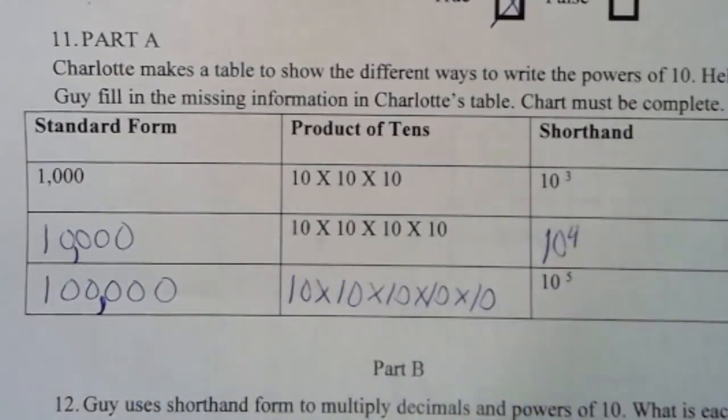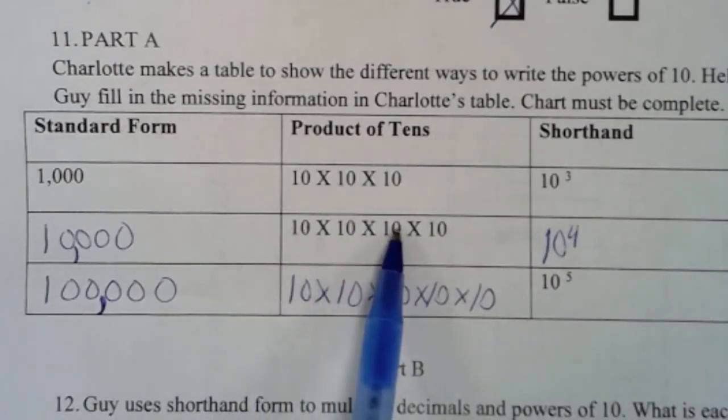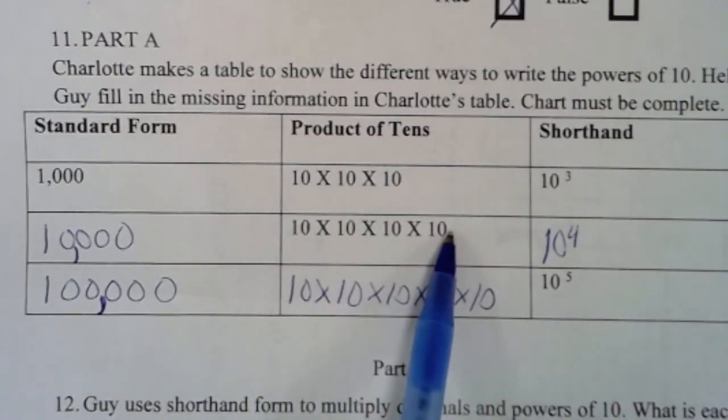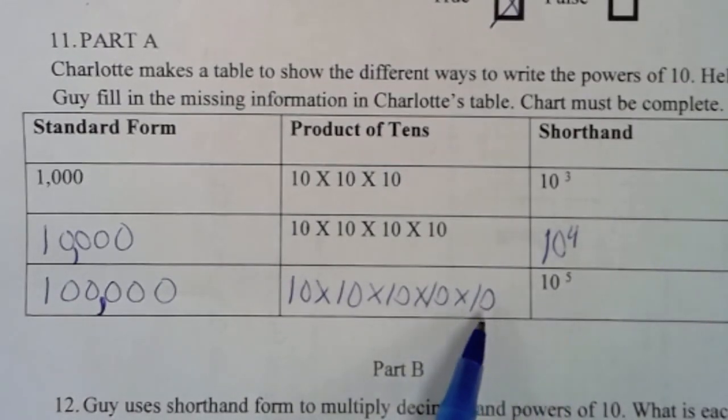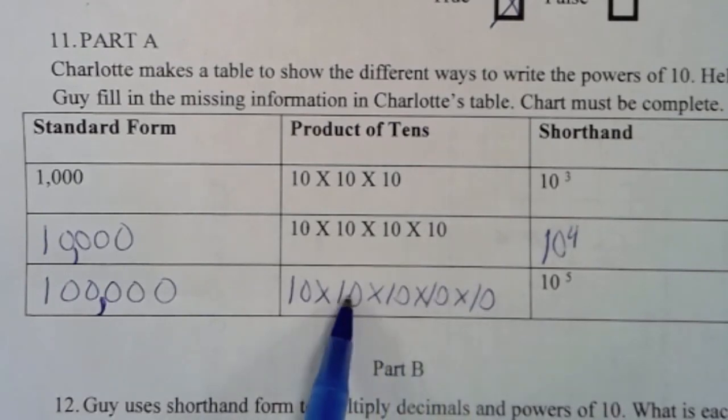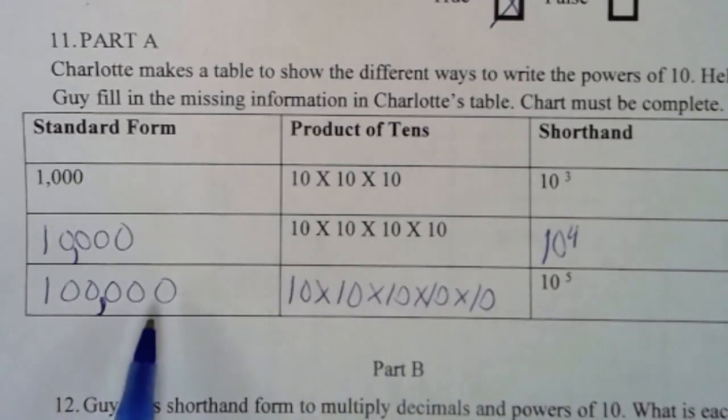That was already filled in for you. 10 times 10 times 10 times 10, we have 1, 2, 3, 4 tens, so that's 10 to the fourth power, and we should have 1, 2, 3, 4 zeros, so that's 10,000. 10 times 10 is 100, times 10 is 1,000, times 10 is 10,000. 10 to the fifth power would be 5 tens multiplied by itself. 1, 2, 3, 4, 5 tens. Would also be 1, 2, 3, 4, 5 zeros, or 100,000.